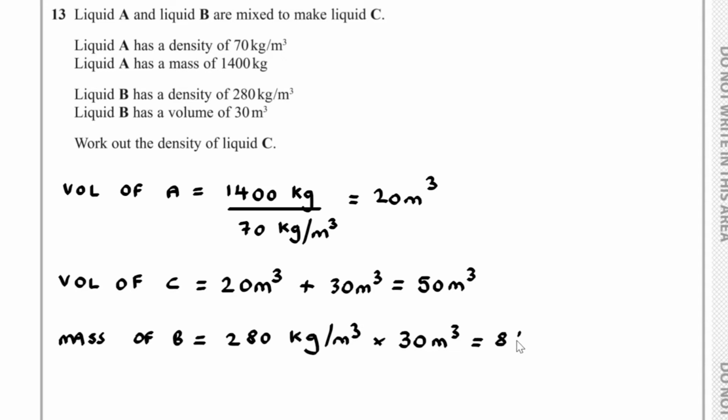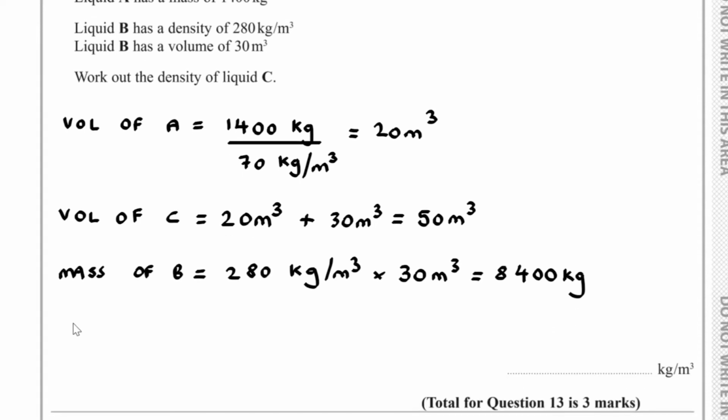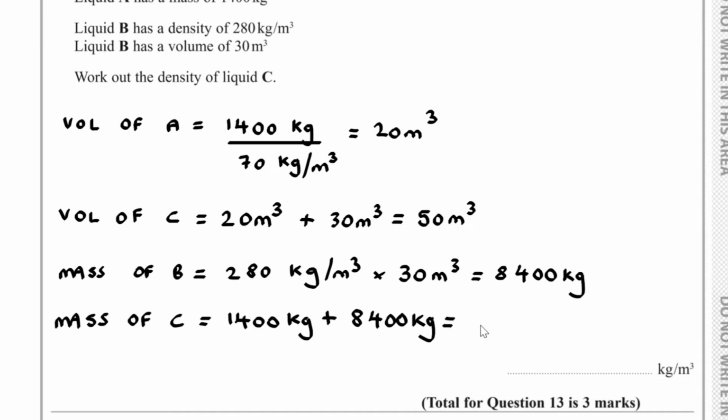It turns out here we get 8,400 kilograms for the mass of B. And so we can find the mass of C by adding together the mass of A, 1,400 kilograms, with the mass of B, 8,400 kilograms. So the mass of C is 9,800 kilograms.